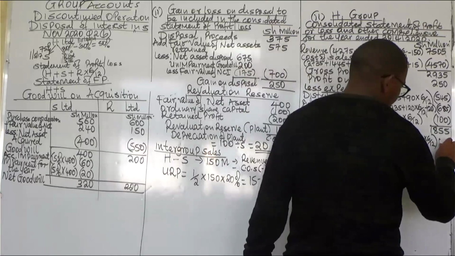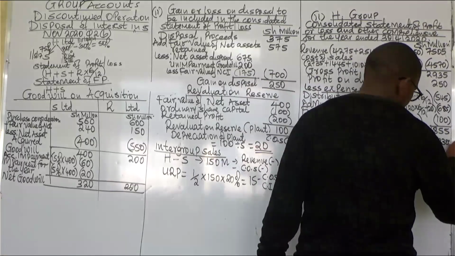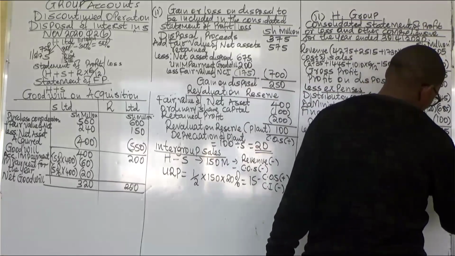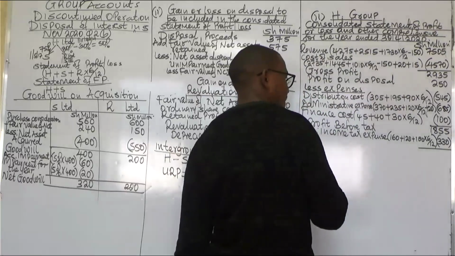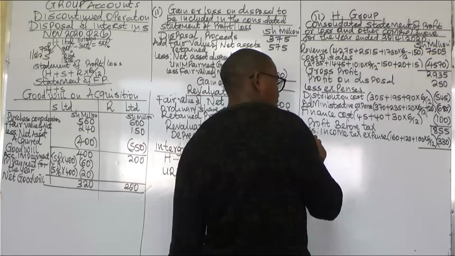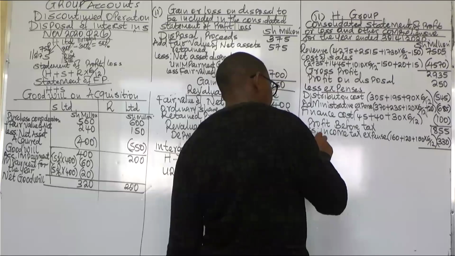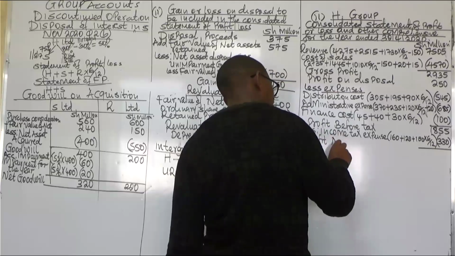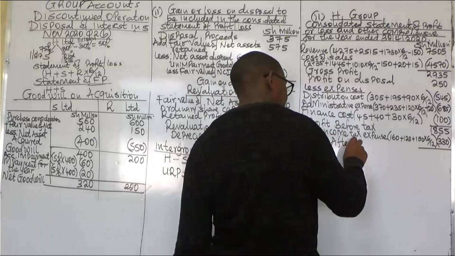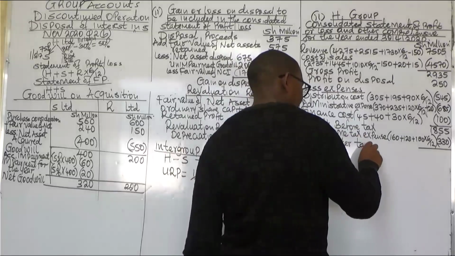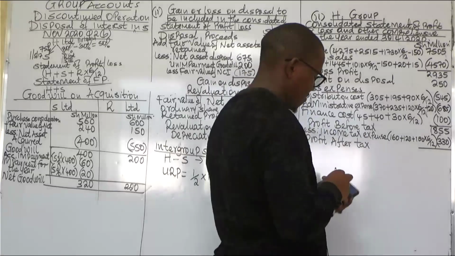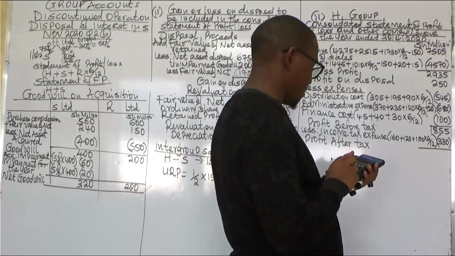6/12. So how much is it giving you? 300 and this will be equals to how much? The profit after tax. 1855 plus 330.